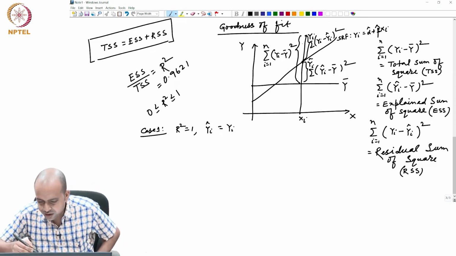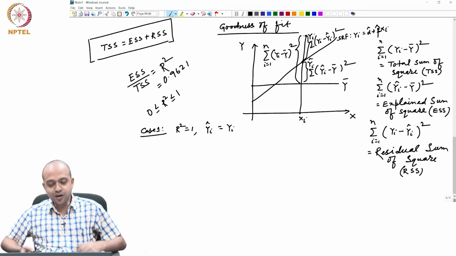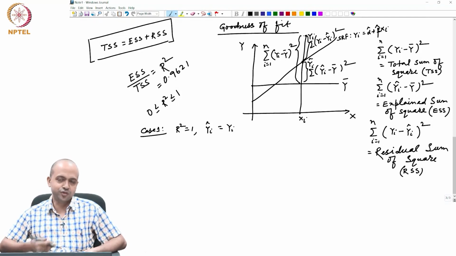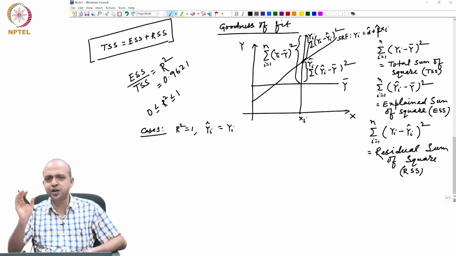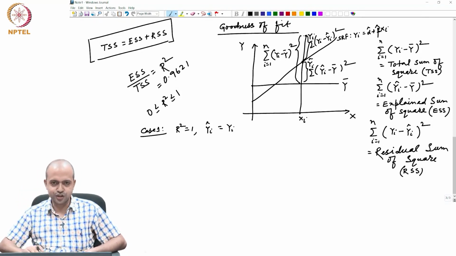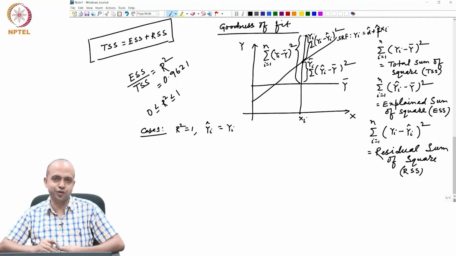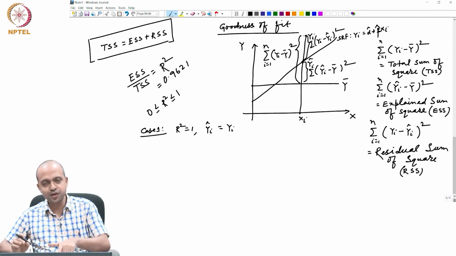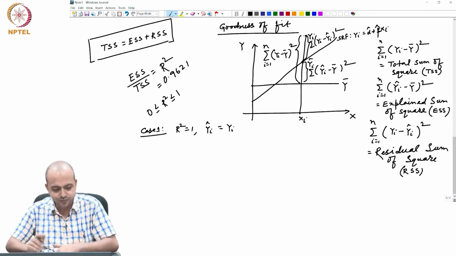So whatever your model predicted and whatever your actual y is, that is the same. That means your model can perfectly predict someone's consumption. That is a theoretical possibility, there is no deviation between prediction and observation. So R square equals 1 means yi hat equals yi.